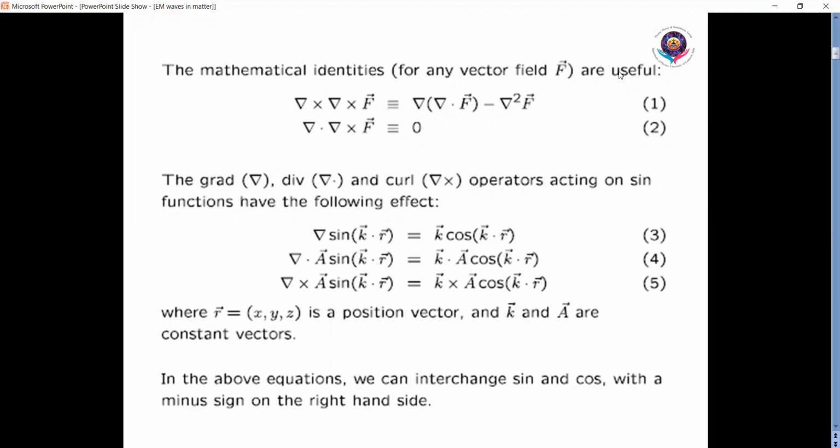The mathematical identities that will be useful are the double curl, a curl of a curl. This is one curl operator. This is another curl operator.